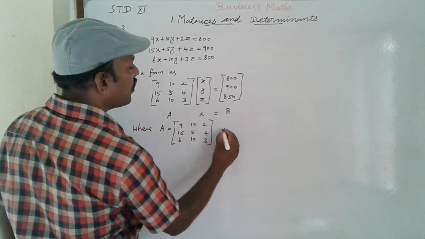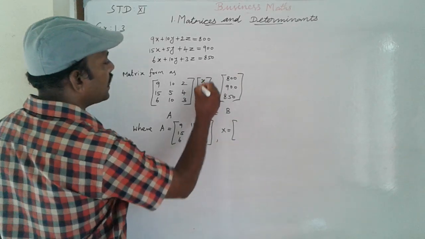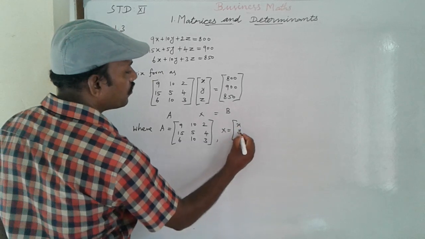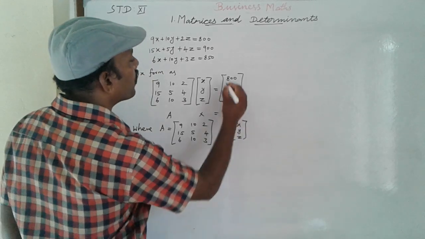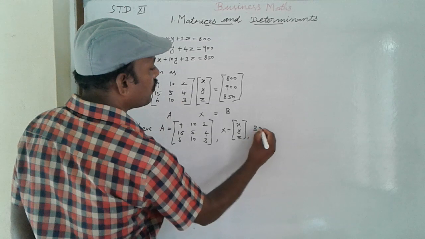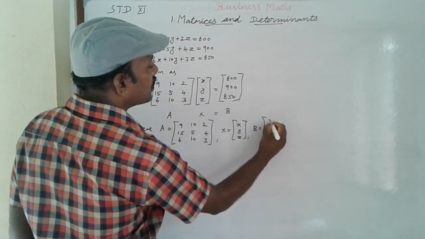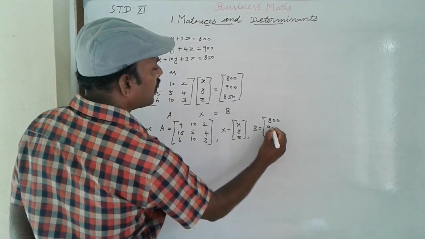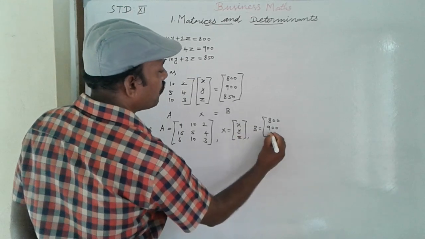Next X equal to x, y, z. B equal to 800, 900, 850.